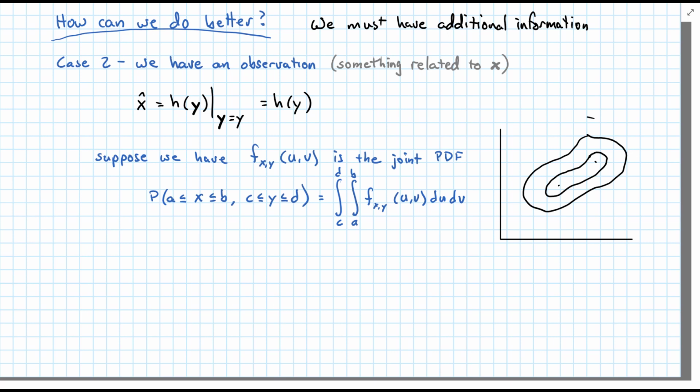Maybe those are the peaks. It looks something like this. With this joint PDF, we can express the probability of both events being in a particular area as the integral over that area, shown here with this little integration.